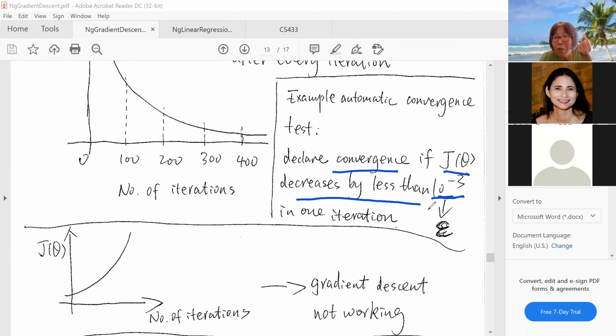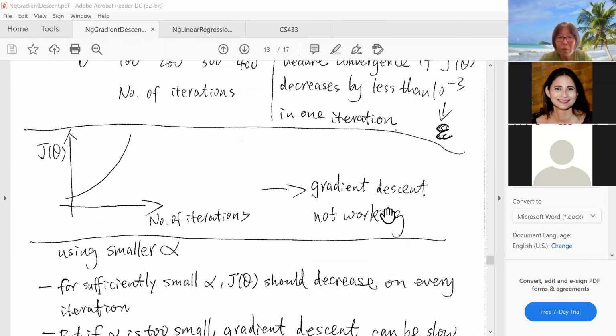For example, if for an iteration the decrease is less than 0.1%, then you consider it converged. And if the relationship between your cost and the number of iterations is going up, then definitely the gradient descent is not working.